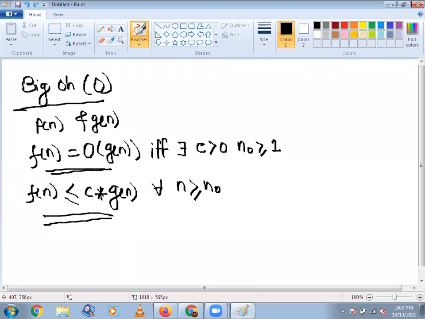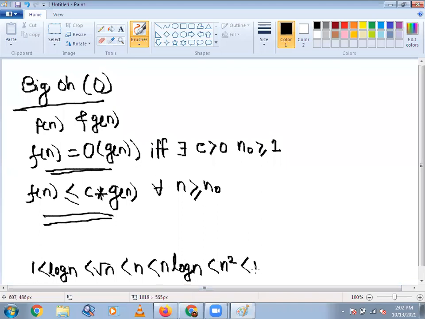We have seen in general equations that 1 is less than log n, less than root n, less than n, less than n log n, less than n square, less than n cube, less than 2 raised to n, less than n raised to n.